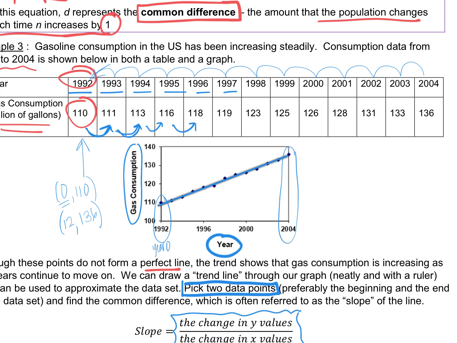If I want to see the change there, my slope is the change in gas consumption, 136 minus 110, over the change in years, which would be 12 minus 0. You could just say 12. So 136 minus 110 is going to be 26 over 12, which you could reduce if you'd like. 26 divided by 12 is going to be 2.1666666 or 2.17.